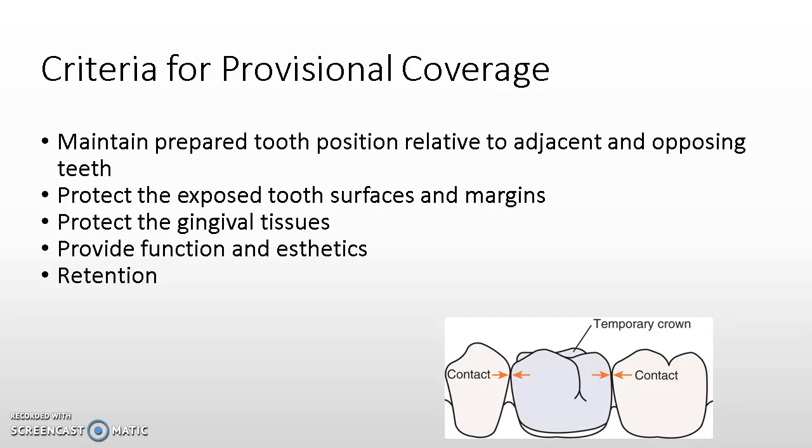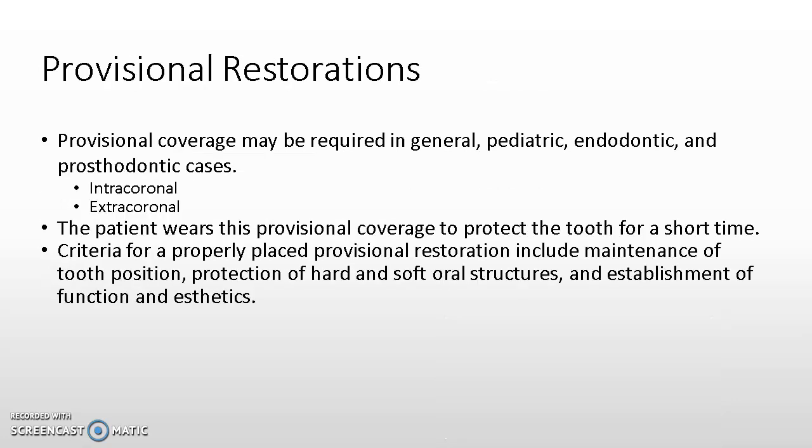We also want to use our temporary to protect the tooth surfaces and margins so that they are not fractured during the time the patient is wearing that provisional, to protect the gingival tissues, to provide function and aesthetics, and to also be retained for just the right amount of time. So these provisionals may be required in general, pediatric, endodontic, and prosthodontic cases.